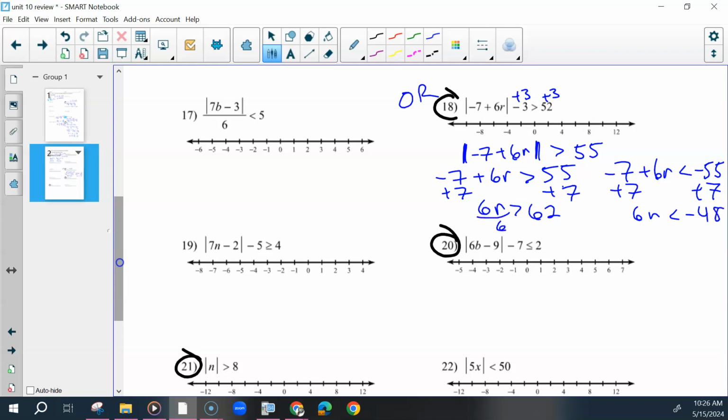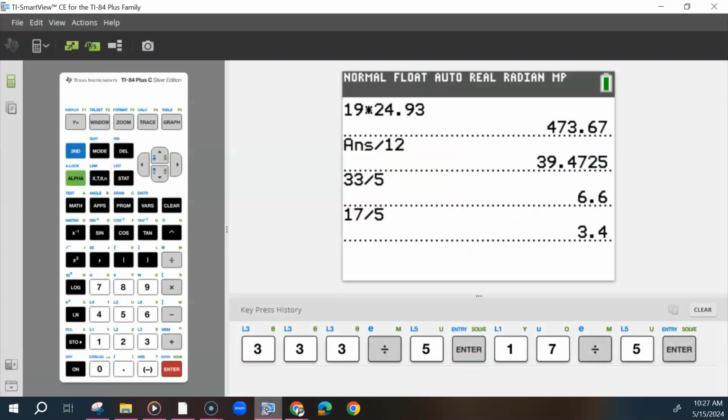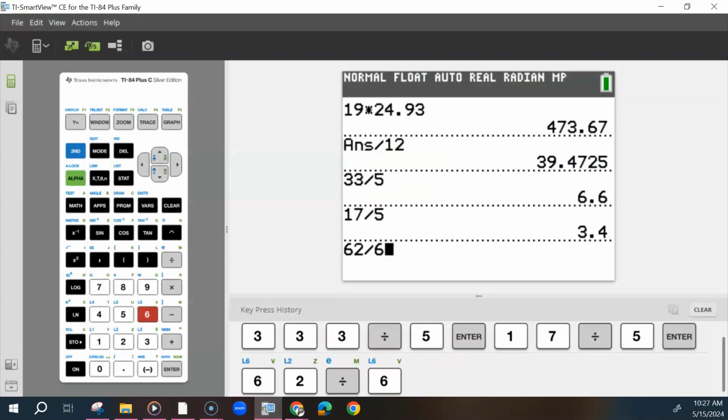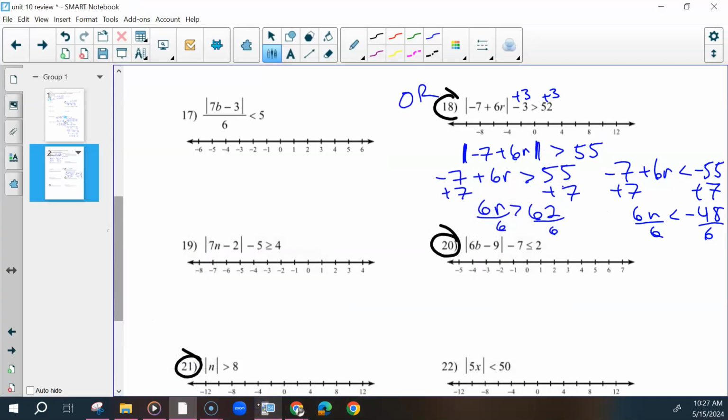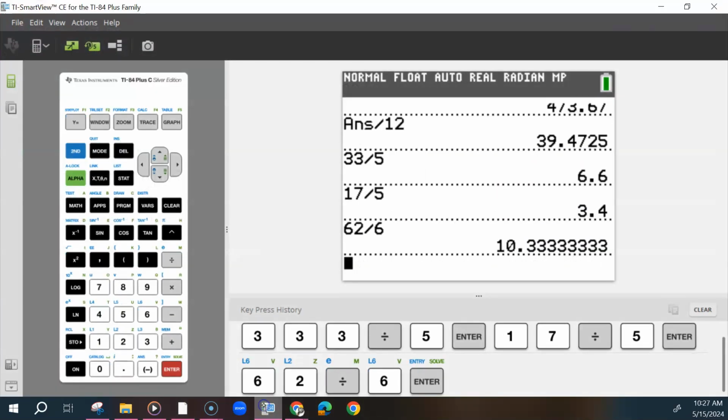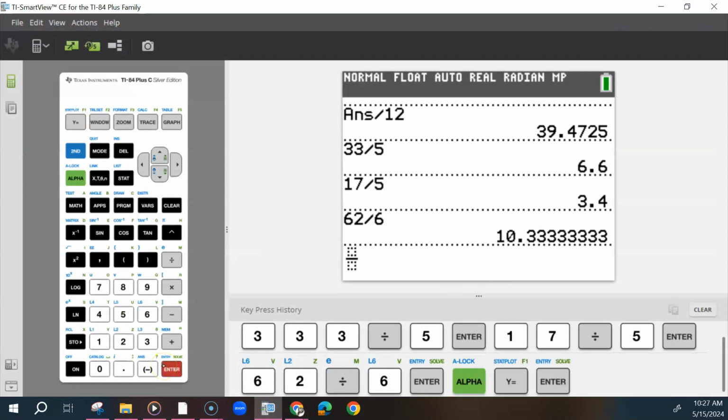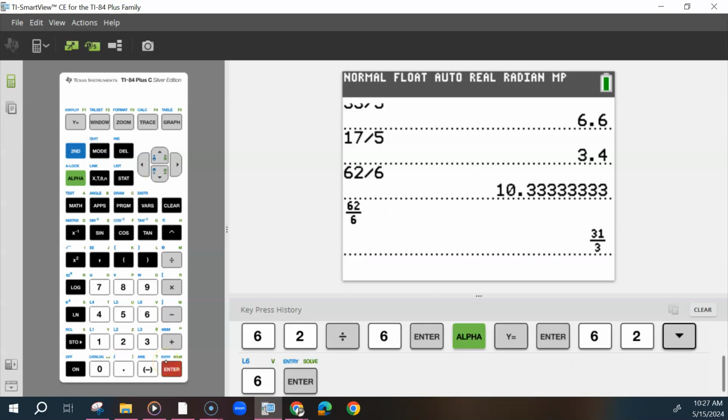I don't know if there's a whole number or not. This one is. So you can leave that as a simplified fraction. If I go into alpha y equals and put in 2/6, it's just going to be a fraction. That would be the decimal, so I can see about where I would put it.